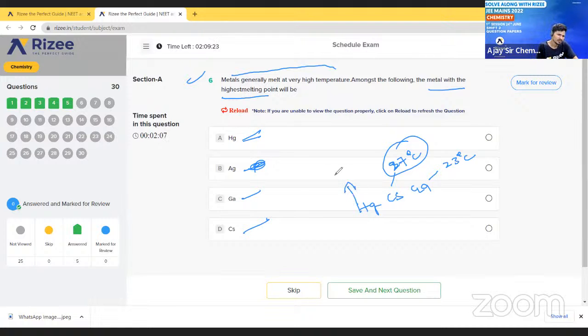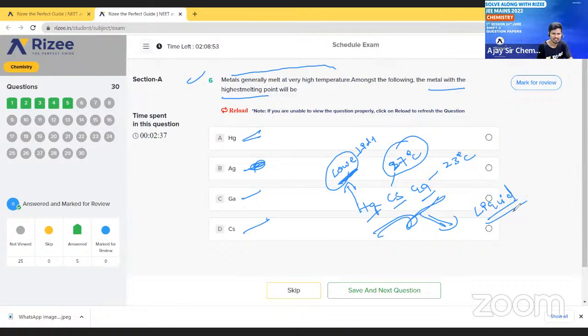Hg also easily melts at low temperature and converts into liquid. So these three, Hg, cesium and gallium, are near room temperature and are going to convert into liquids. But Ag will not convert into liquid at room temperature. It will act like a solid.